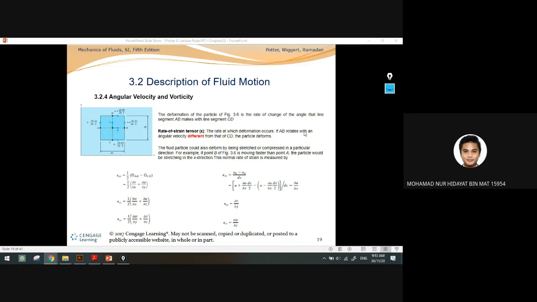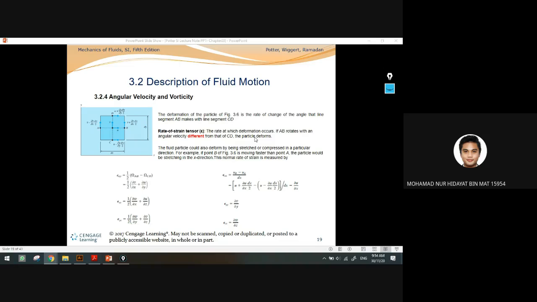If AB rotates with an angular velocity different from that of CD, the particle will deform. That means it will shrink or expand. It will change the shape. So this is what we call the deformation that happens based on the rate of strain tensor.